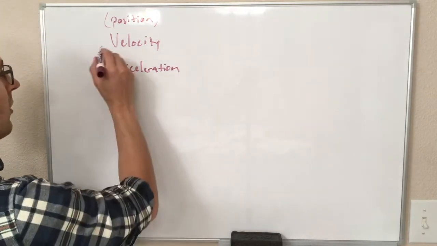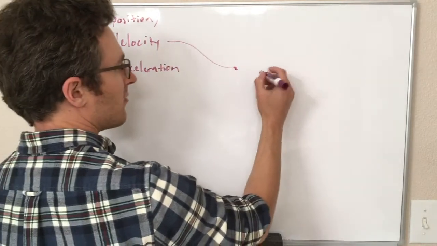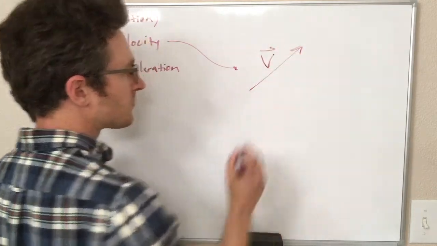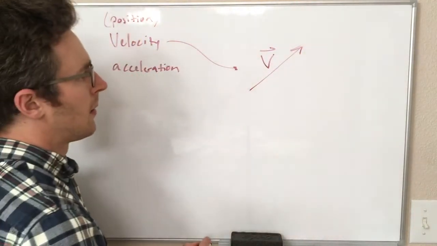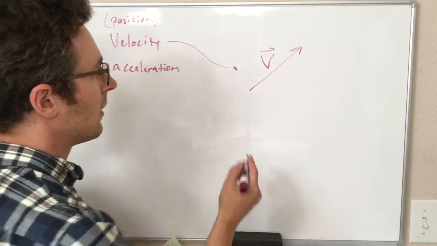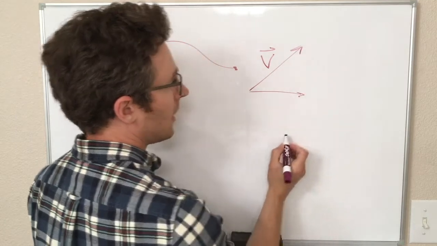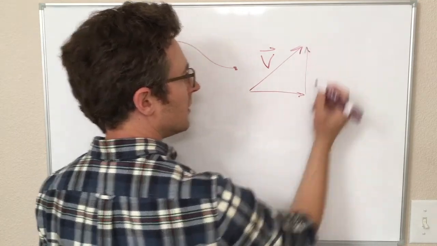Why is this important? Well, if we have a velocity vector that is up and to the right, we can look at how much of that velocity is to the right and how much of that velocity is up.